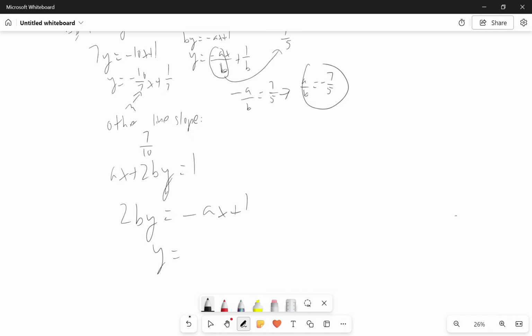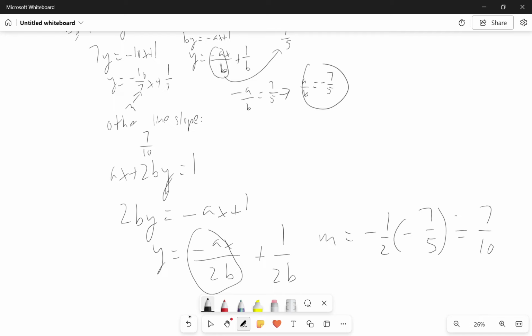So y equals negative ax over 2b plus 1 over 2b. The slope is this portion right here. So m is equal to negative 1/2 times a over b, or negative 1/2 times negative 7 over 5, which is equal to 7 over 10, which is what we said it should be.